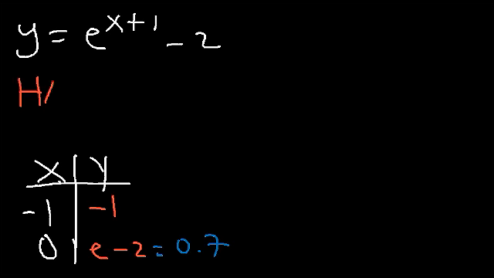Lastly, we need the horizontal asymptote, which is basically this number next to e. So it's y is equal to negative 2.